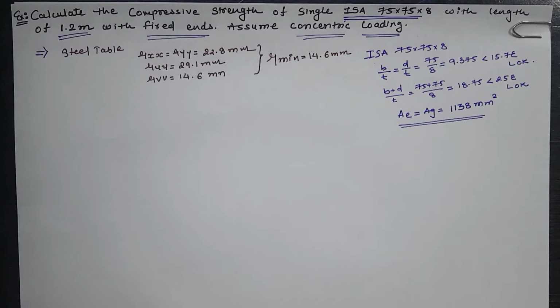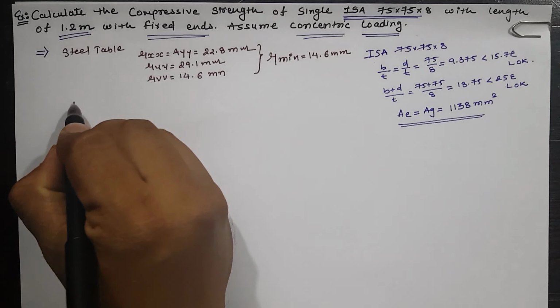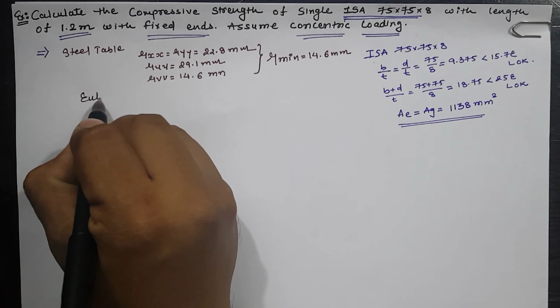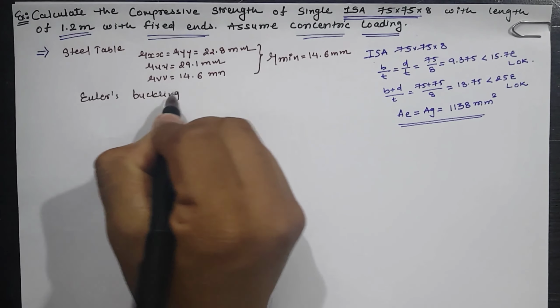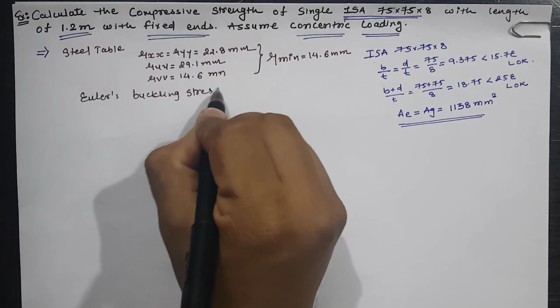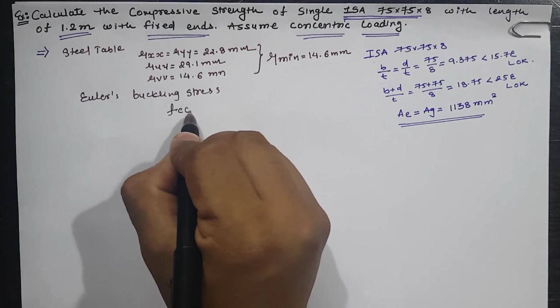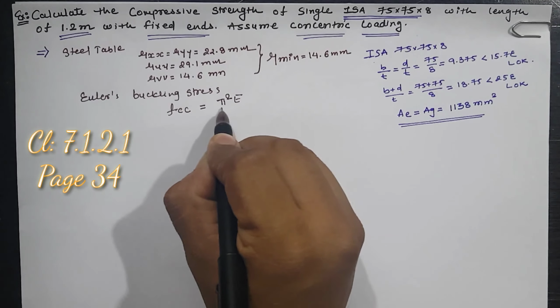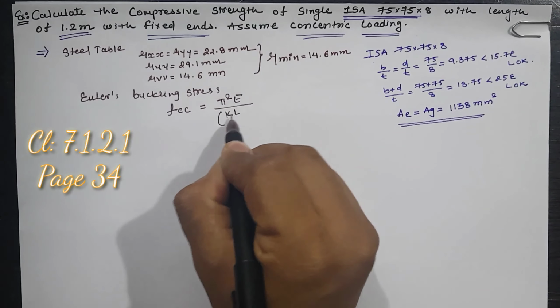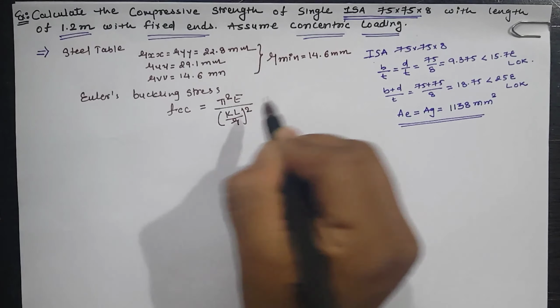So for the calculation purpose, we are going to use the minimum radius of gyration as 14.6 mm. First of all, we are going to calculate Euler's buckling stress, which is equal to FCC is equal to pi square E by KL by R square.